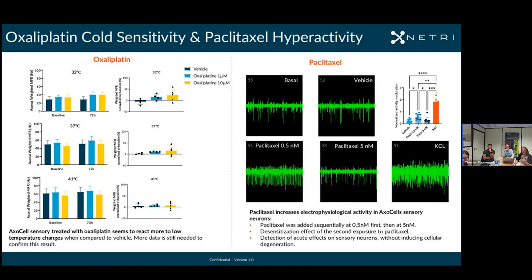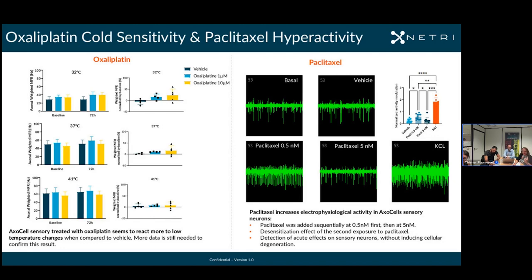And when we normalize by the baseline, on the right-hand side, you have the normalization of the graph presented on the left. What we can see is that the response is different at the highest dose of 10 micromolar, and that the neurons are reacting more to low temperature than they should compared to the vehicle.